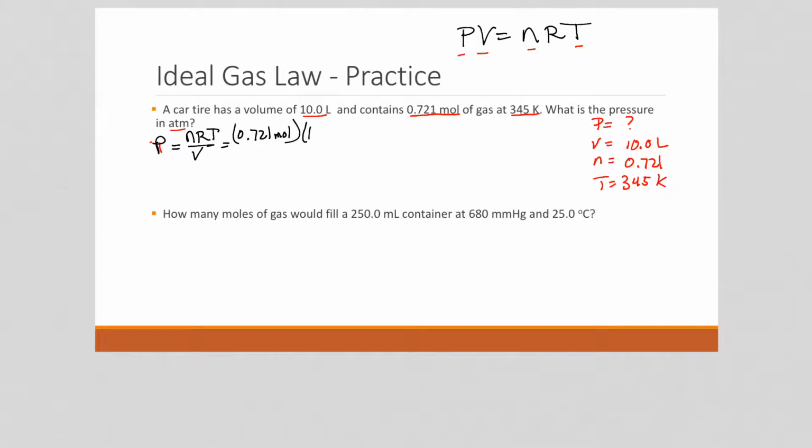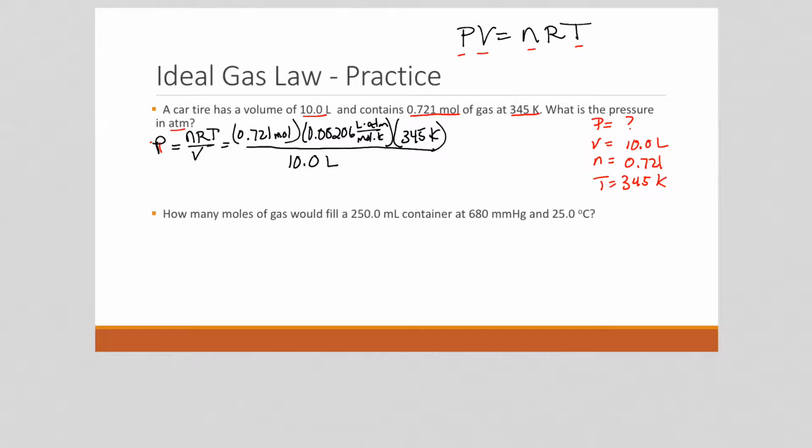Our R is 0.08206 liter atmosphere per mole Kelvin, and 345 Kelvin, divided by V, 10.0 liters.